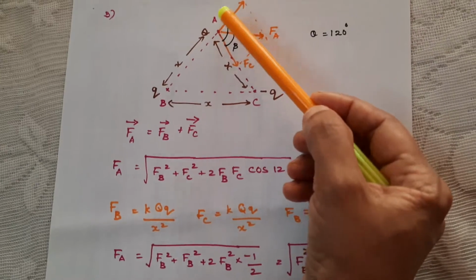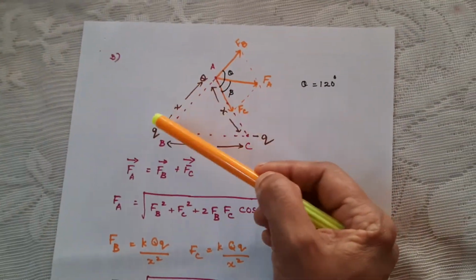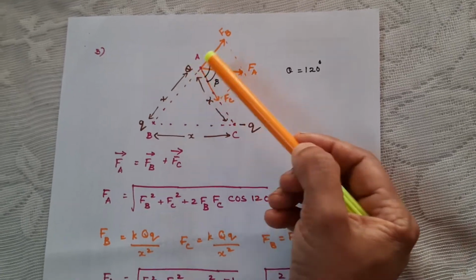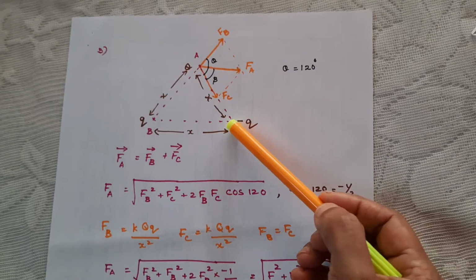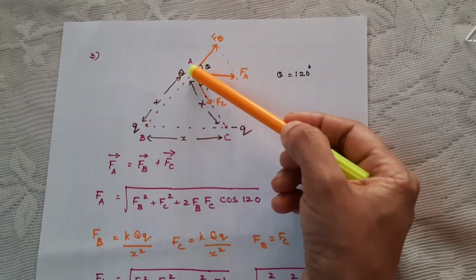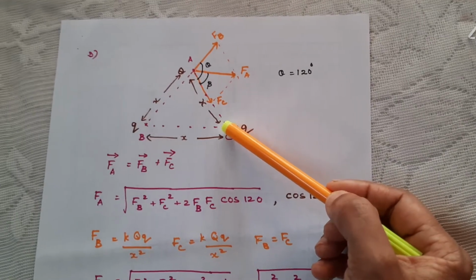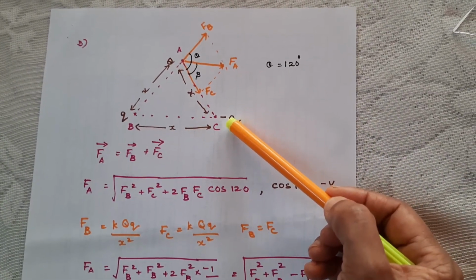But Fb is directed away from B, as the charges are like charges and the force is repulsive. But Fc is directed towards C, as the force is attractive, since the charges are unlike charges.